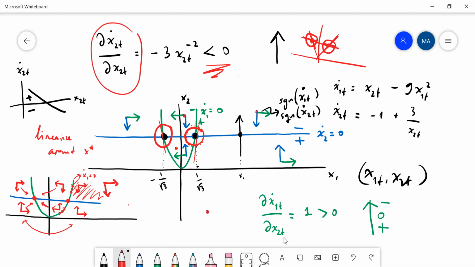Otherwise, as I will show you next week, you're going to linearize the model. Once you linearize the model, you're going to be much more accurate about the dynamics, but only in a neighborhood of the steady state. Here, I only know this is true.